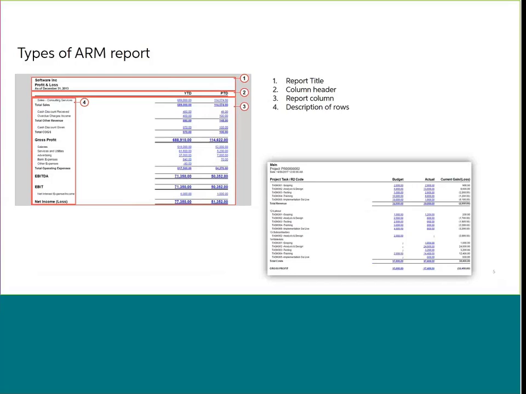The report columns, number 3, are the data columns, where all the data is represented. And number 4 is the description of rows. When you're working with general ledger reports, you will have GL accounts on the left-hand side. If you're working on projects, then you might have your project tasks or account groups in the descriptions area.